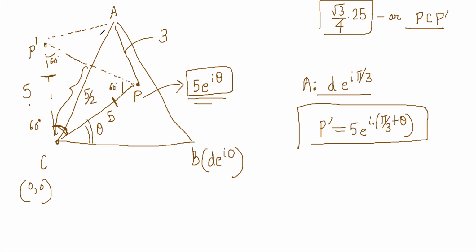So this distance is basically D minus 5 by 2. And this distance is 5 root 3 by 2. So this whole side is 5 root 3, right? P dash is 5 root 3.